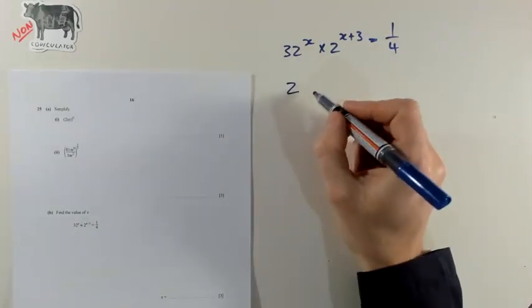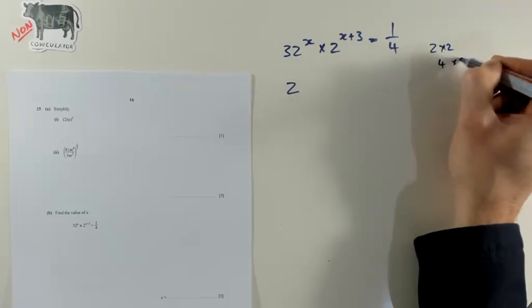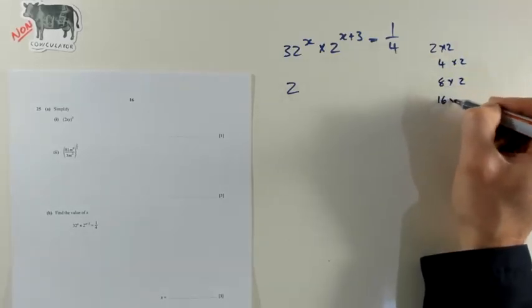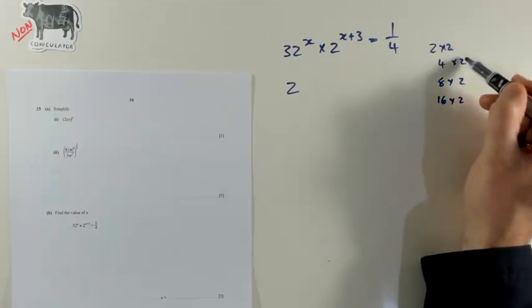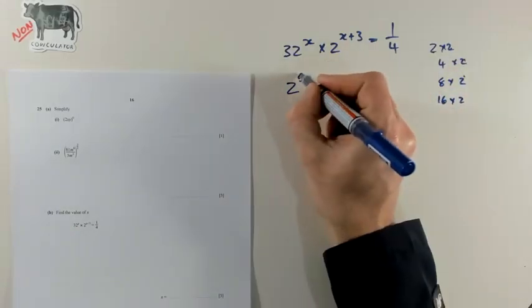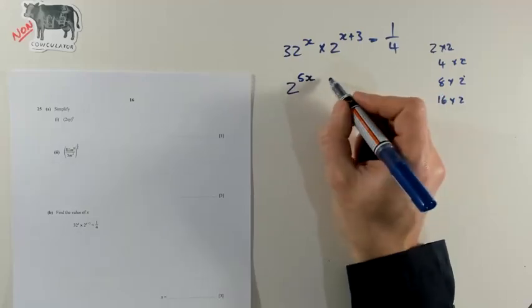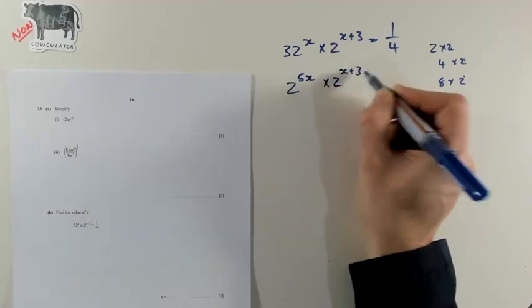So 2 times 2 is 4 times 2 is 8 times 2 is 16 times 2 is 32. So 1, 2, 3, 4, 5. Okay, so that's 5. And then it's just going to be multiplied by that x, so that should be fine. Multiplied by 2 to the power of x plus 3.